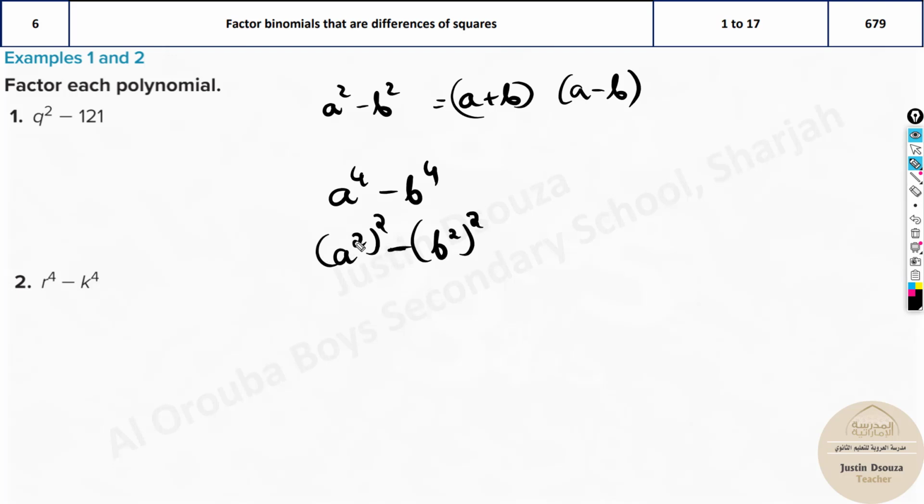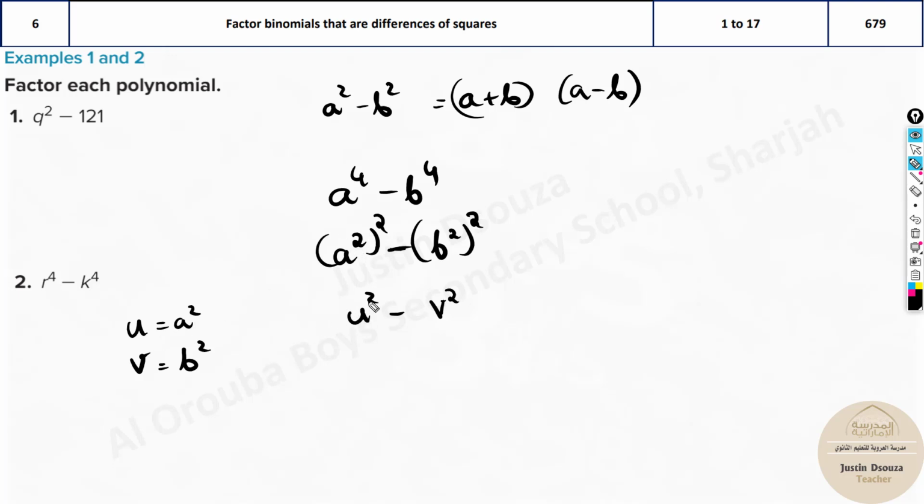Imagine I consider u to be a square and v to be b square. Then this is like u square minus v square. Why? Because I have considered u to be a square.